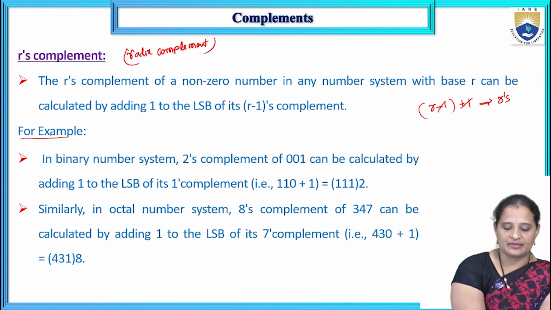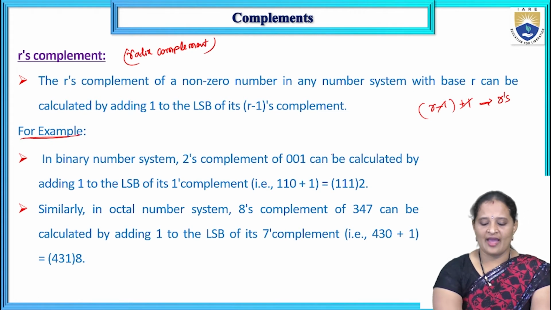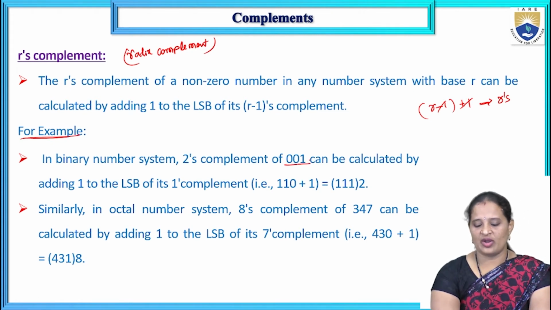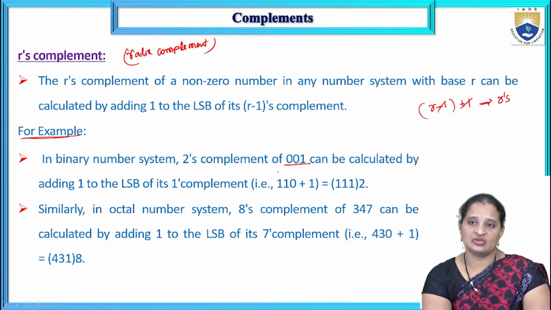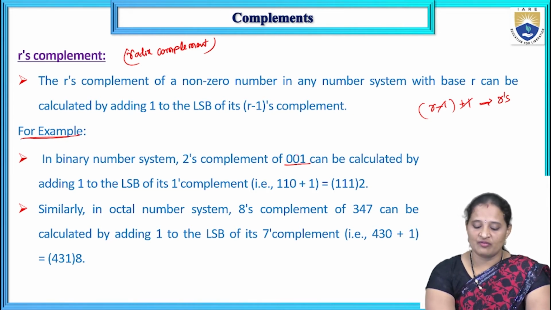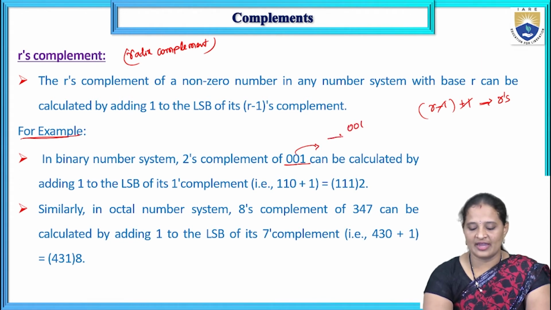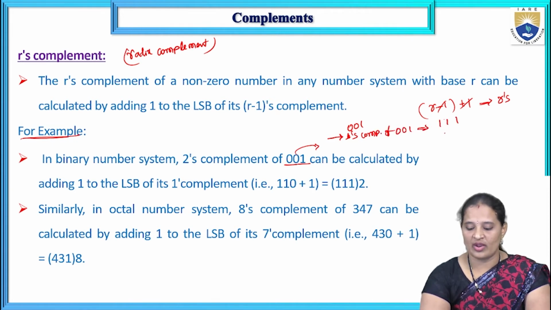For example, now I have a binary number 001. Now I want to get the 2's complement of the binary number 001. How can we calculate? First get the 1's complement of 001. So how can we get the 1's complement? 111 minus 001. Each digit should be subtracted from 1, right? 1, 1, 0.